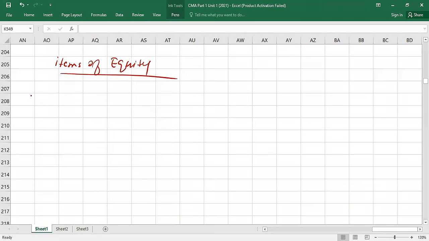The first item you might have is common stock. There are two accounts for common stock: common stock at par value and common stock with additional paid-in capital. APIC stands for additional paid-in capital. This could be part of equity.